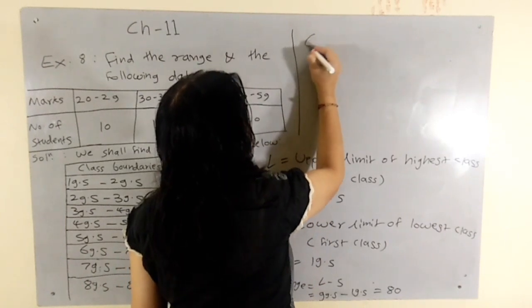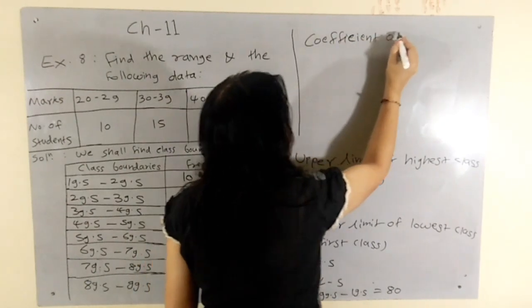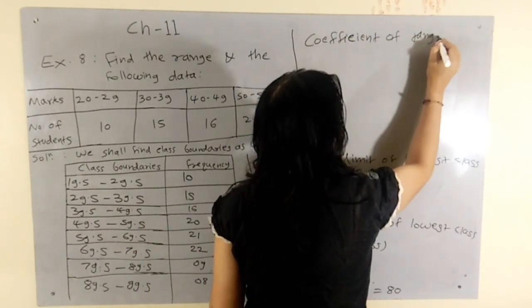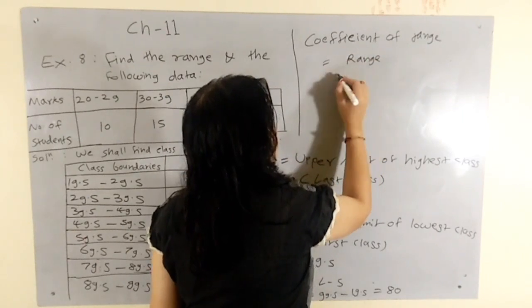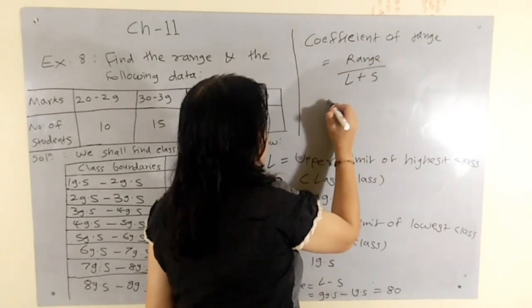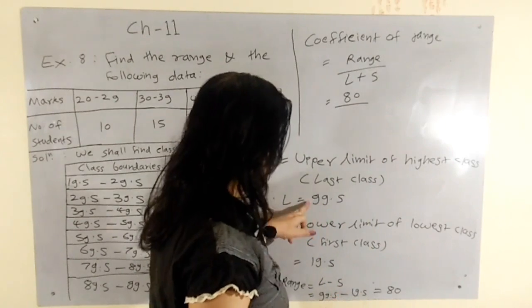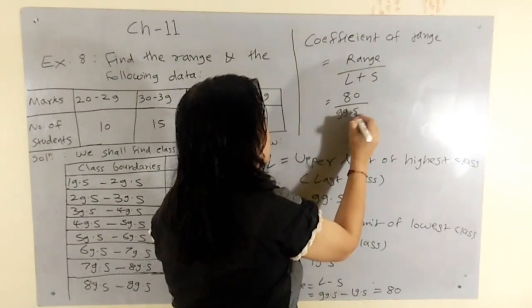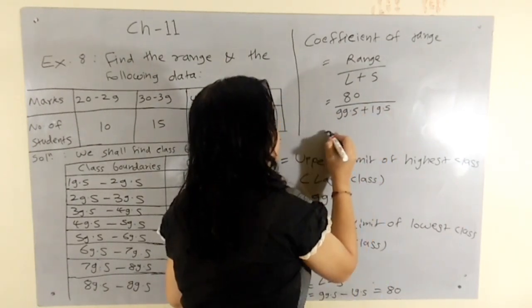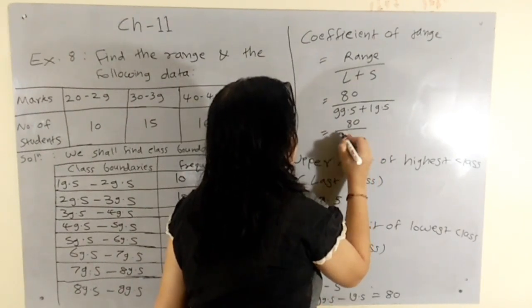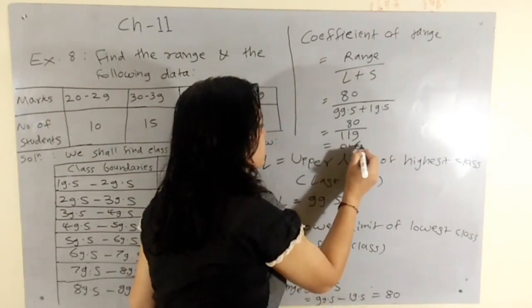Coefficient of range is equal to range divided by L plus S, range means 80 divided by L plus S means 99.5 plus 19.5, which is equal to 80 divided by 190, which is equal to 0.67.